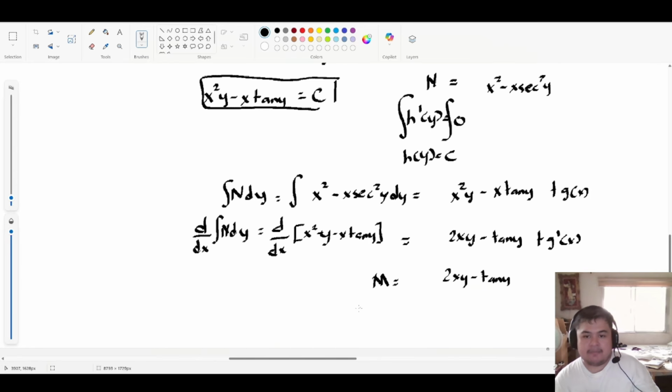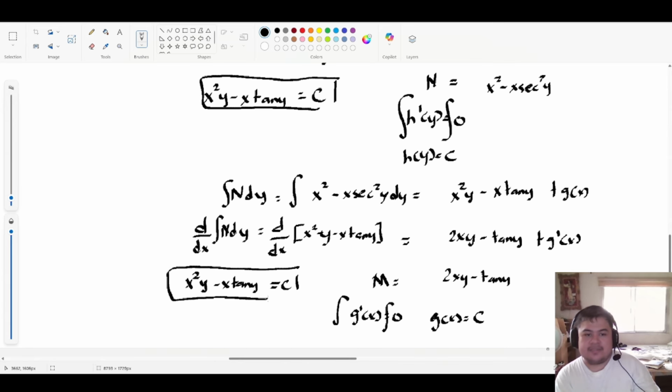Meaning they are the same. So your g prime of x is 0. And the integral of g prime of x, g of x, is a constant. Meaning your general solution is equal to C. This is now your general solution, which is the same as theorem 1.